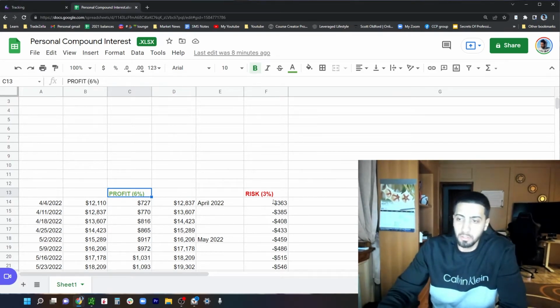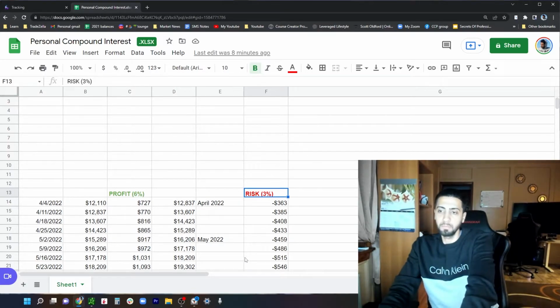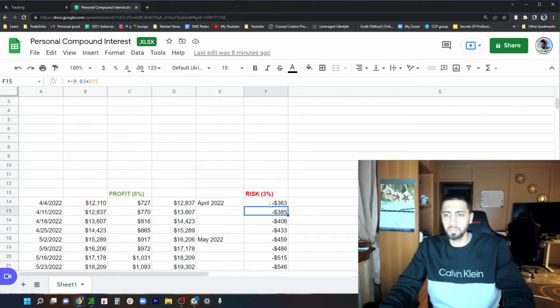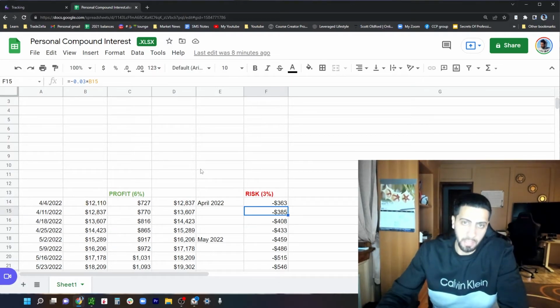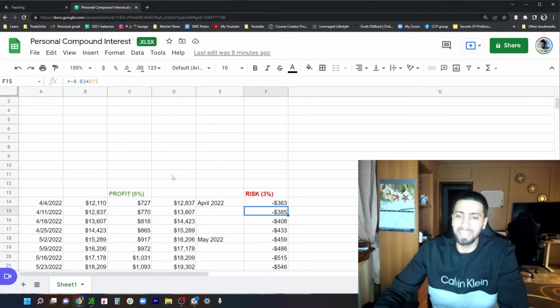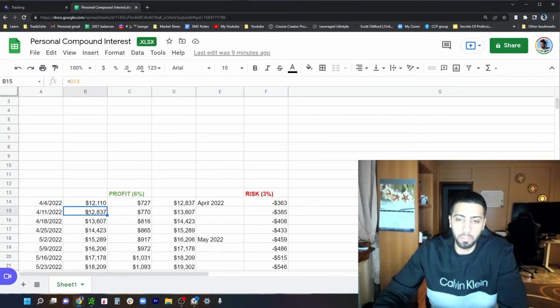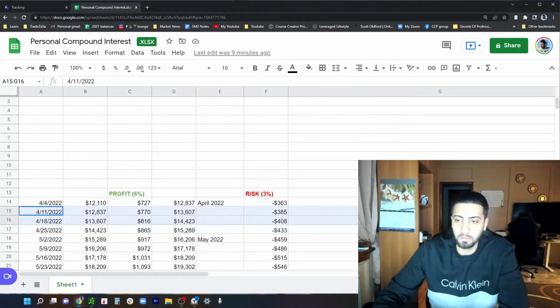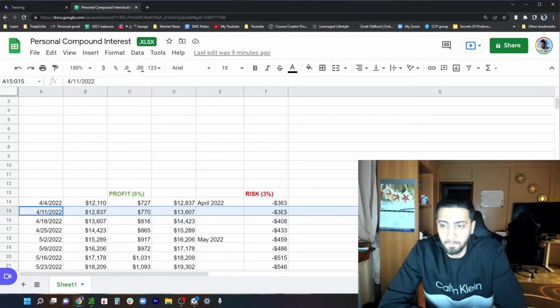And if you see here, I also have this column just to let me know what my risk is going to be. So for example, my account right now is at 12.9. So instantly what I'm doing is I'm going to where it says about around 12.9, and then I'm going to the risk row. And what this tells me is I shouldn't lose more than 3%.